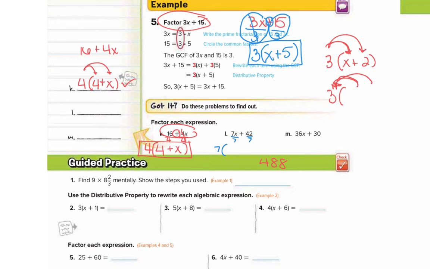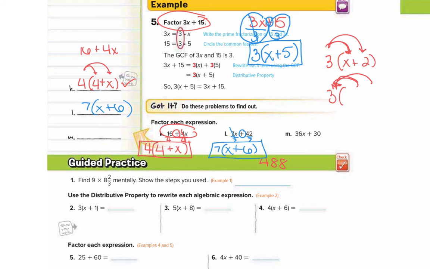So 7x divided by 7, the 7's cancel out, and we're left with x, plus 42 divided by 7 is 6. Then we can close the parentheses, and we get our factored expression, 7 times x plus 6. Then just quickly check, 7 times x is 7x, 7 times 6 is 42, so we get our original expression, so this is correct.